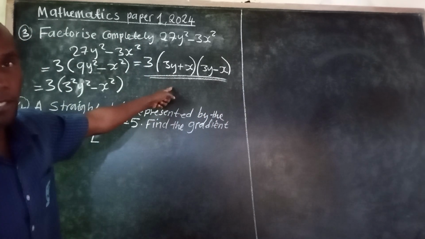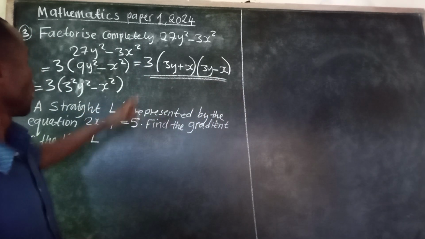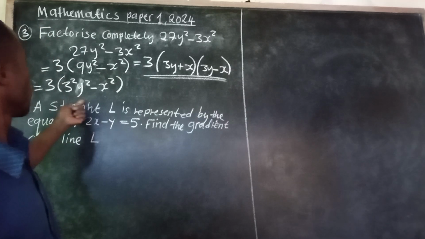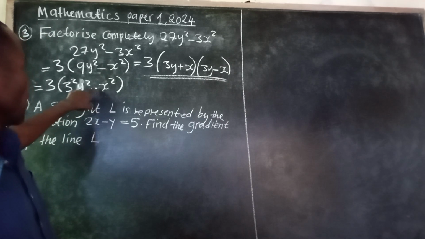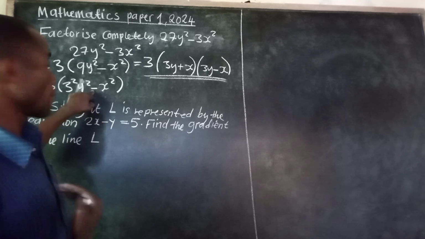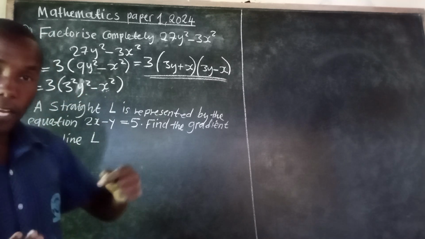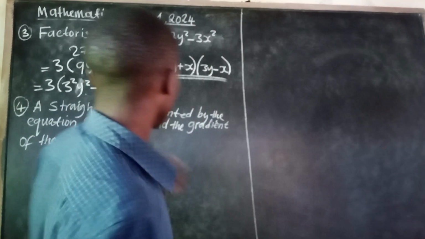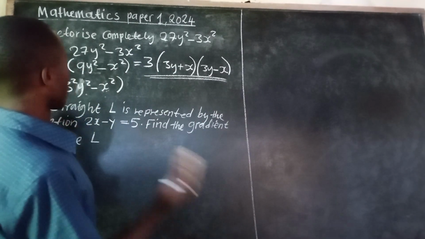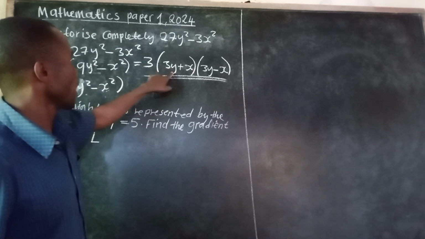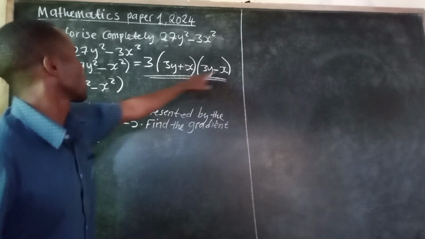Therefore, that is the answer. This is how we factorize. Here you don't need to waste much time. Once you see a subtraction, a minus, in between and you have squares, just know that this is a difference of 2 squares. So just get two pairs: 3y and another 3y, then x and another x.